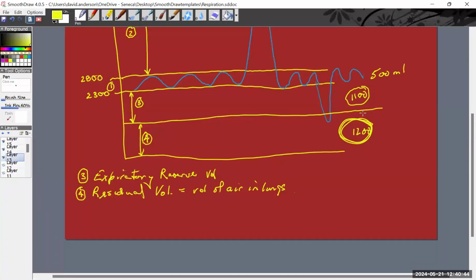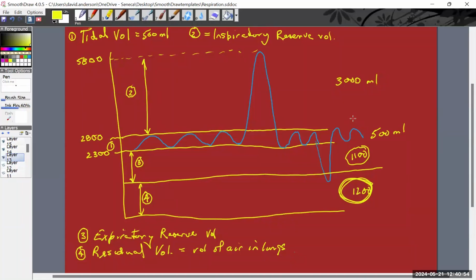Now, another factor to be aware of is our vital capacity. So the vital capacity, I'll just bring that one up. We're not going to talk about all of them. The vital capacity would be this volume that runs from maximum expiration to maximum inspiration. So from there to there, that represents vital capacity.